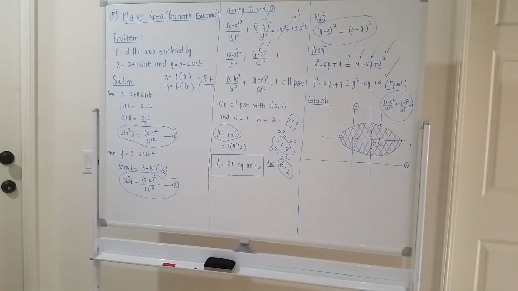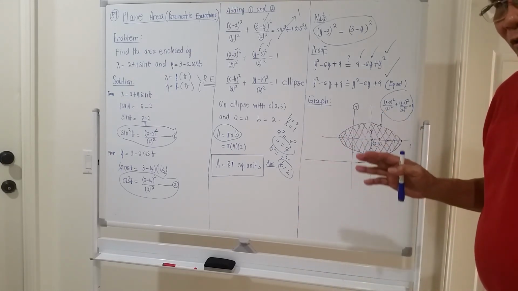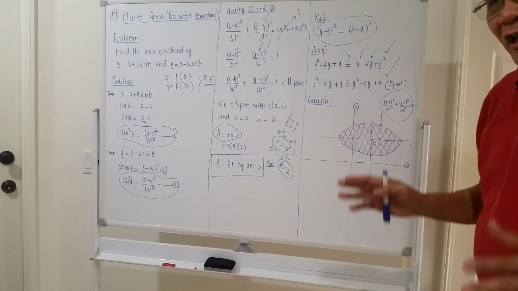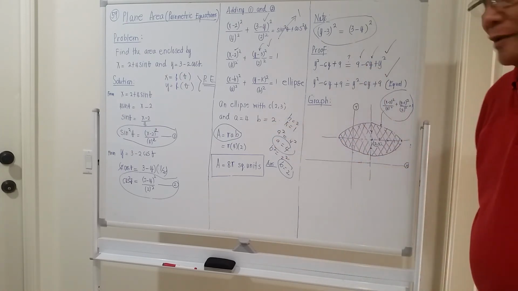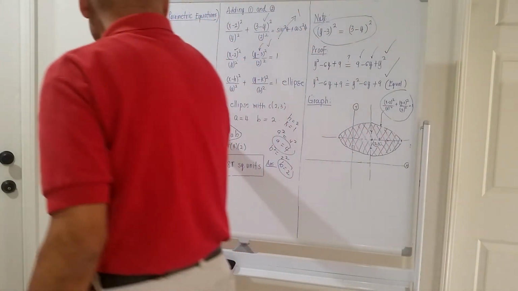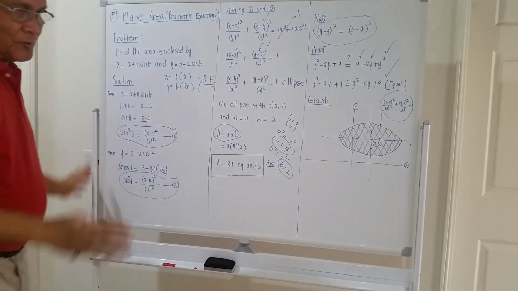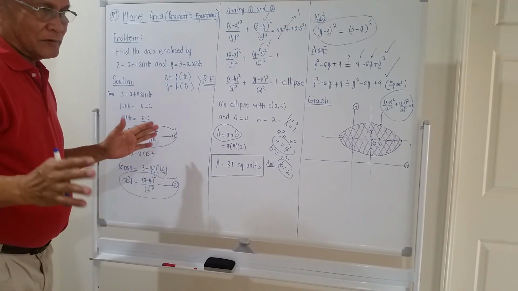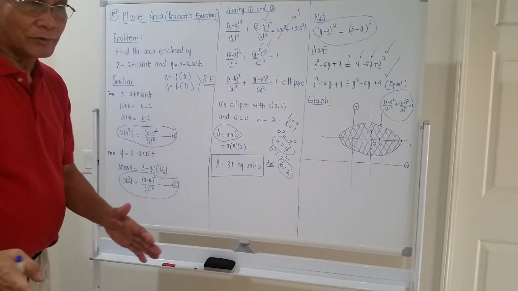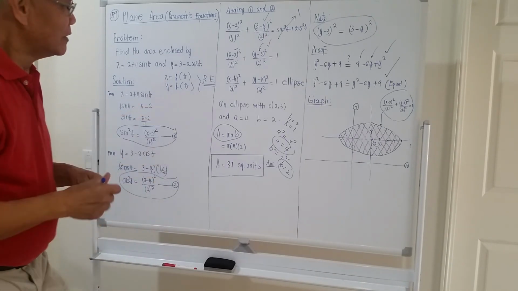That's it, guys. That is an example of the so-called computation of plane areas if it involves a parametric equation. Meaning parametric equation, we are given x in terms of theta and y in terms of theta. So for the meantime, try to use your knowledge of algebraic manipulation to bring out an equation that involves x and y.